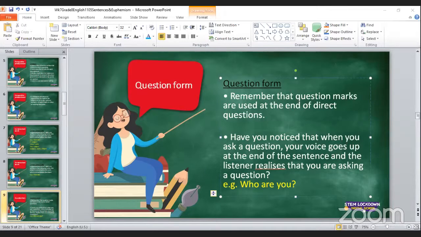Are we all together? So that's what question forms is all about. And sometimes it may be necessary to turn a statement into a question.